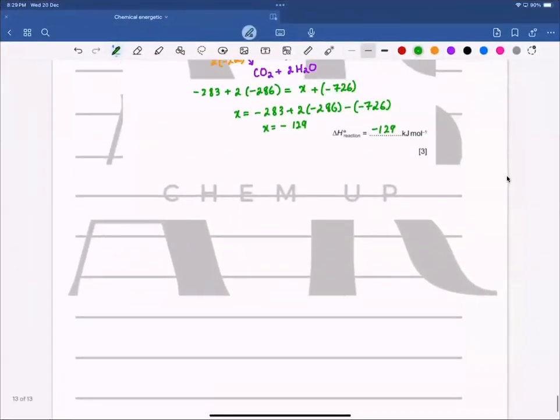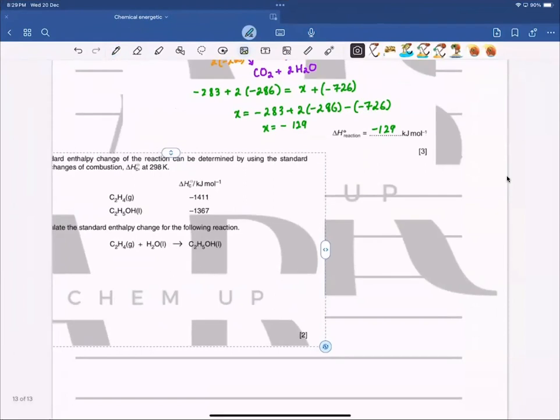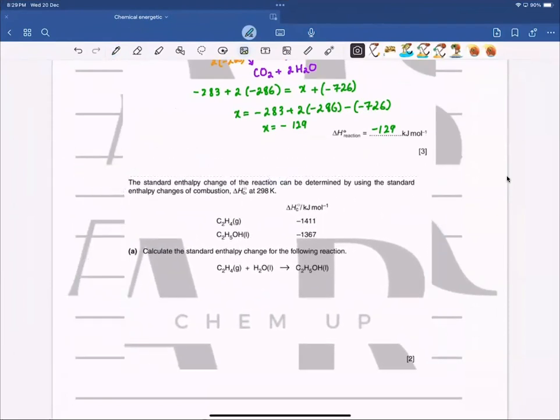Now do this one. Solve this one quickly.